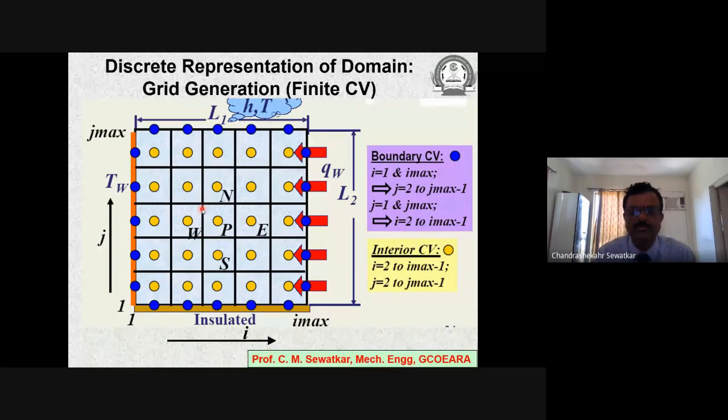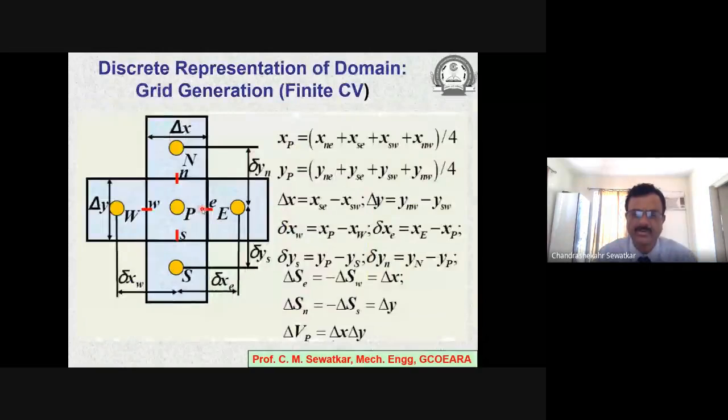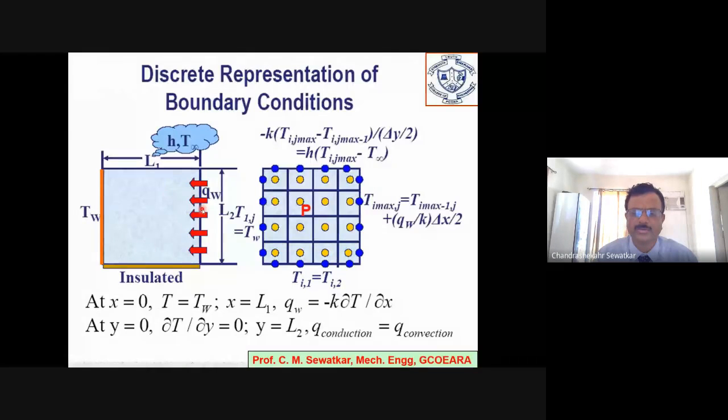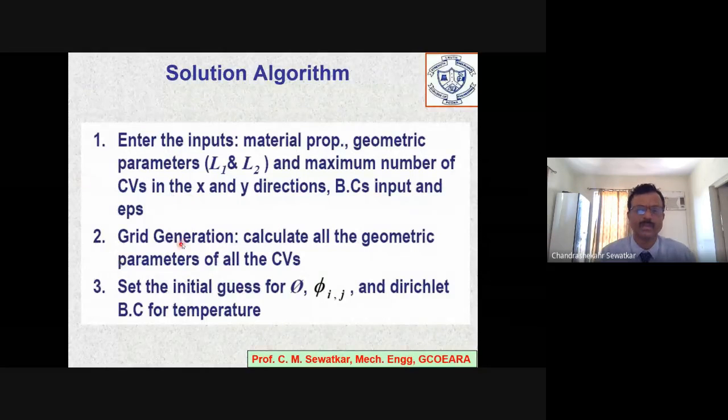Here I am showing you 5 by 5 control volumes, but you can increase this number as per the requirement of the problem. It may be 51 by 51, it may be 100 by 100, as per the level of accuracy you require.